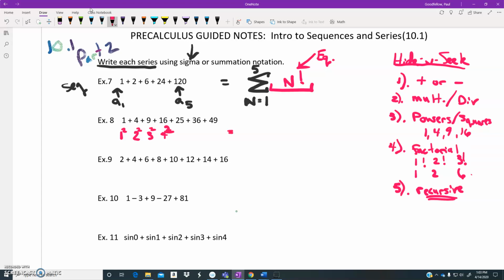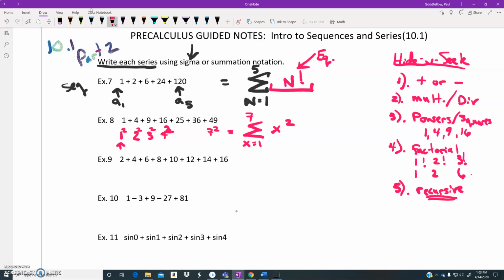So I must be writing the sigma, starting at the first term, going from x equals 1 to 7, because that is 7 squared, and that must be x squared. That's what we're going to write as its summation notation. Okay. Now, some summation notations can be a little bit hard to identify.